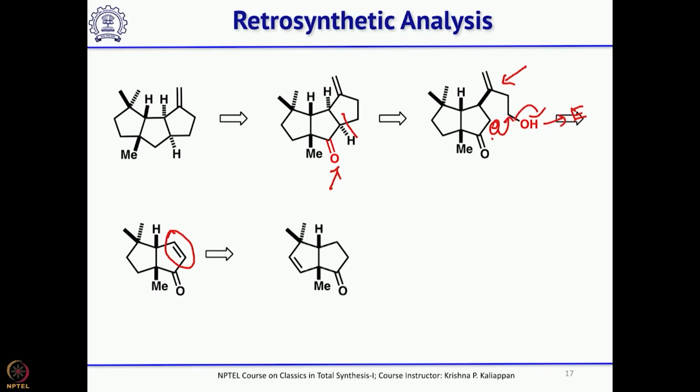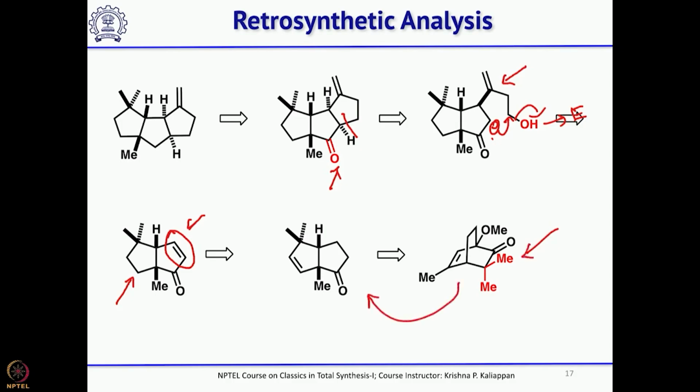And now if you look at this, you reduce this double bond and introduce a double bond here. What for? That is how he can use the photochemical reaction, that is 1,3 acyl shift, to get this compound. Let us see how he made this compound in the real synthesis and how from there he used the 1,3 acyl shift to get this bicyclic compound.